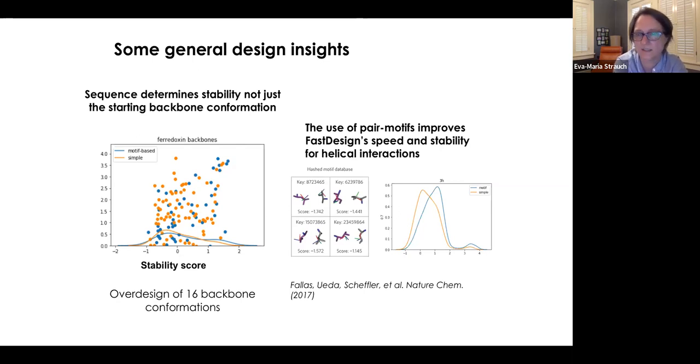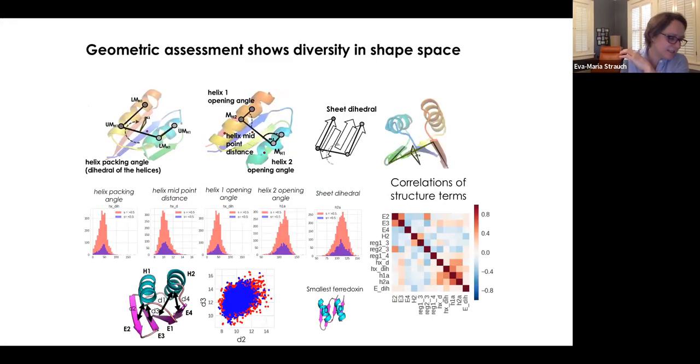What you feed in is where it comes from. That's what it will do best, right? So mostly helical, and the more tight and helical interactions, the more the motifs improve the overall stability of the pool. So that's not specific.